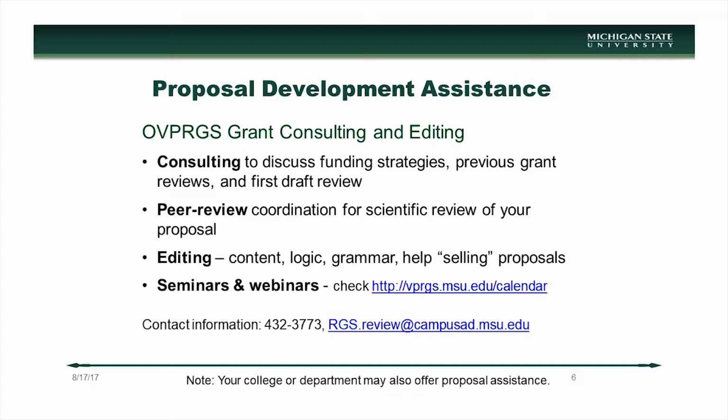They offer consulting to discuss funding strategies, previous grant reviews, or first draft review. They also coordinate peer review for scientific review of your proposal. They also provide editing, content logic, grammar, and help selling proposals. They also do seminars and webinars.